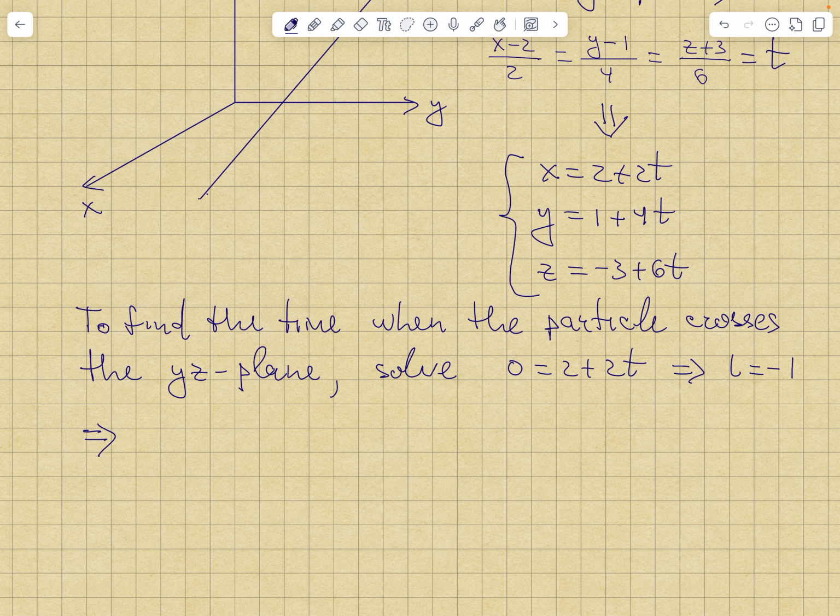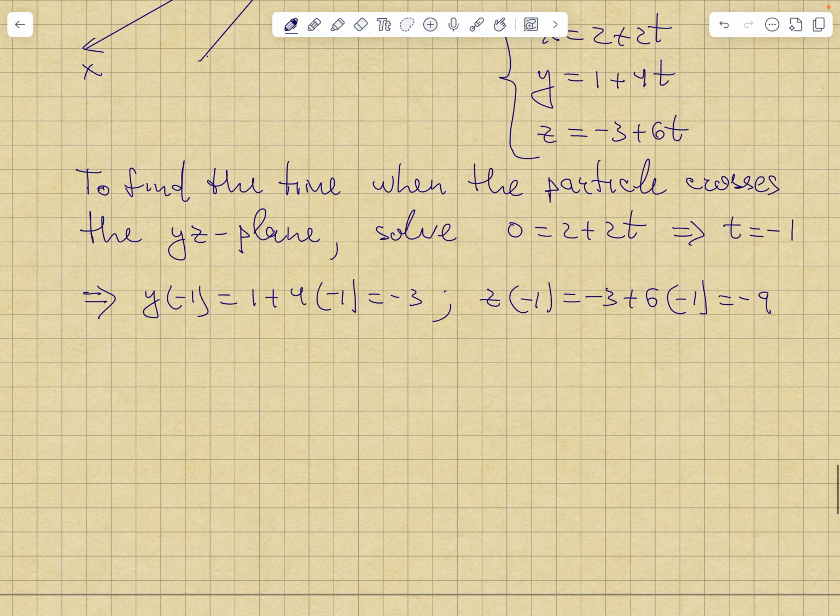And then I can find what y and z are at, sorry, it's not x, it's t. I can find y of minus 1. That is 1 plus 4 times minus 1, which is minus 3. And z of minus 1, that's minus 3 plus 6 times minus 1, which is minus 9.